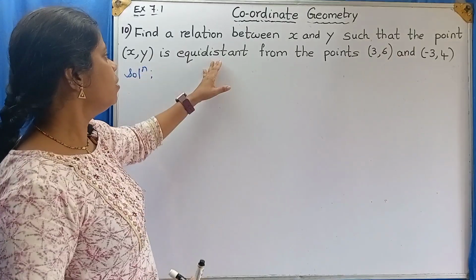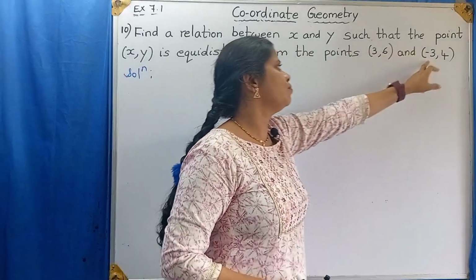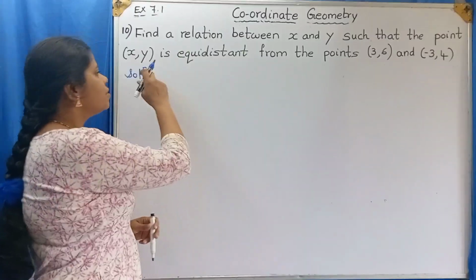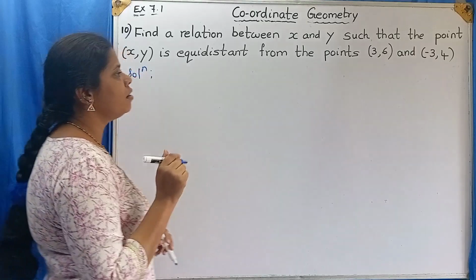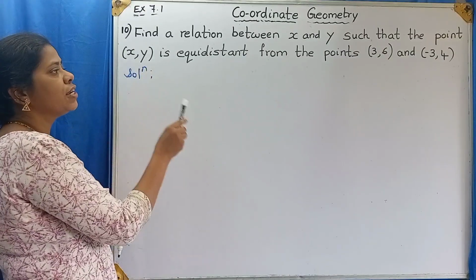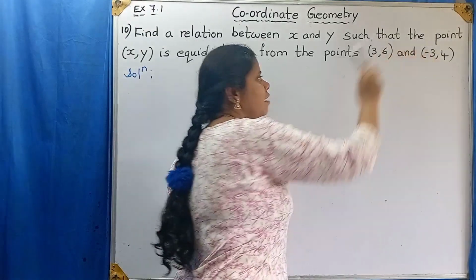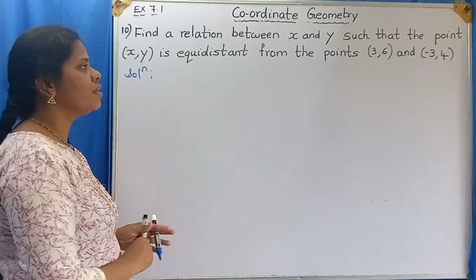Look at this question. There are 3 points: this one and these two. Let me name these points as P, Q and R. The point (x, y) is equidistant to the points (3, 6) and (-3, 4). What is the meaning of this?